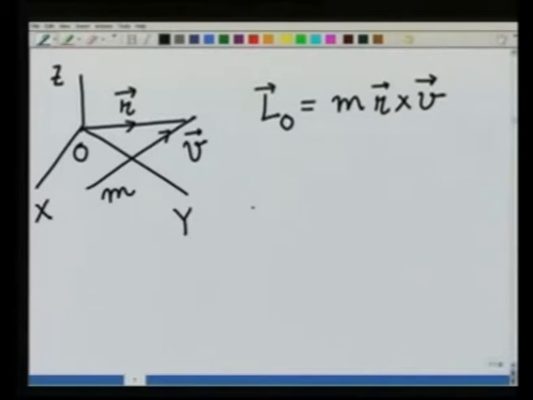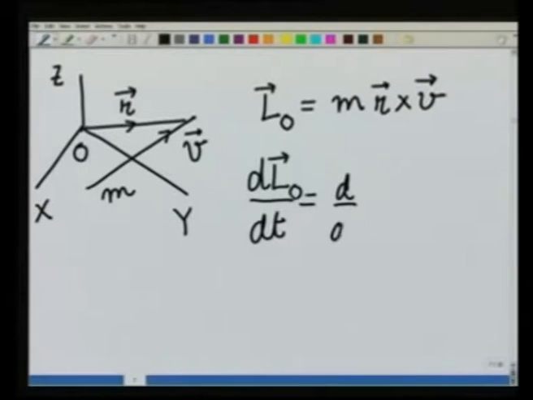How about the dynamics that I was talking about? The change in angular momentum with respect to time, analogous to what we learn in single particle dynamics as change of the momentum with respect to time. Here we discuss change of angular momentum with respect to time is going to be equal to the derivative of m r cross v. I am now going to use the chain rule for differentiation.